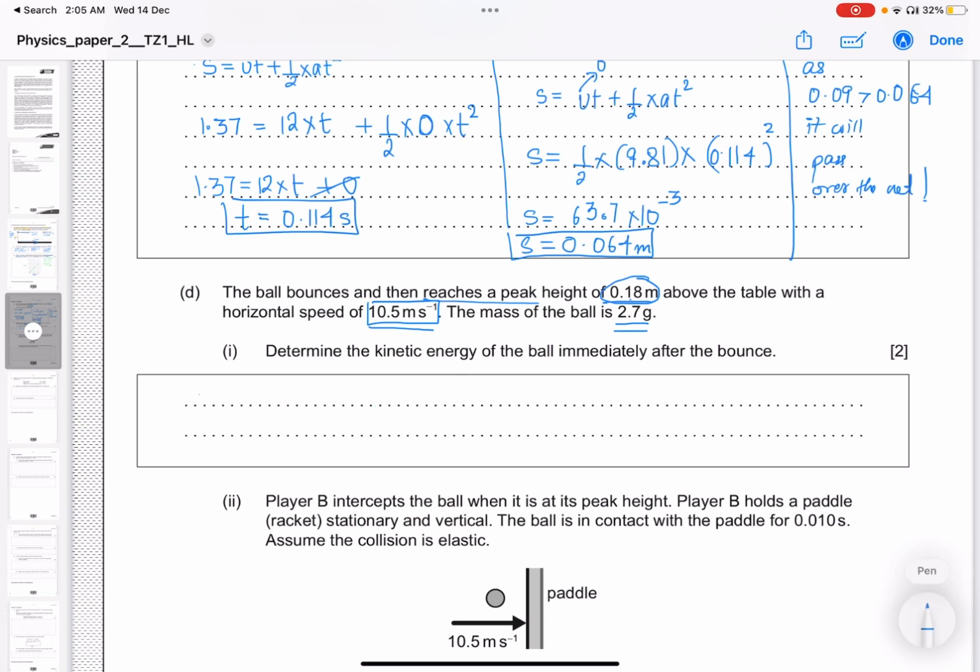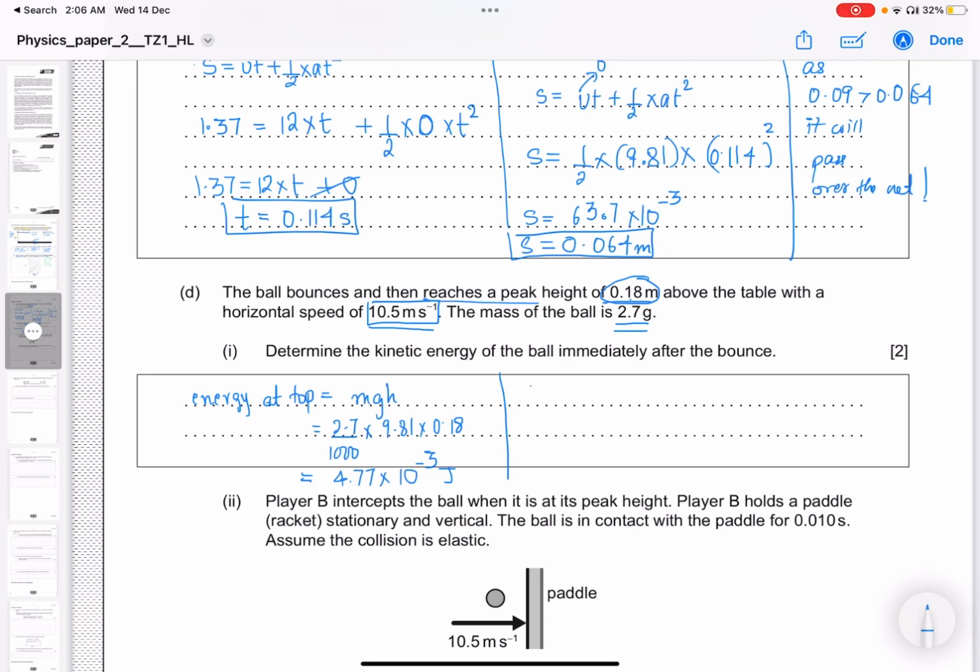First, we'll find energy at top, which is mgh: 2.7 upon 1000 into g, which is 9.81, into height, which is 0.18 meters. So the energy at the top is 4.77 into 10 raised to minus 3 joules, which is a very small value. This is at the top.